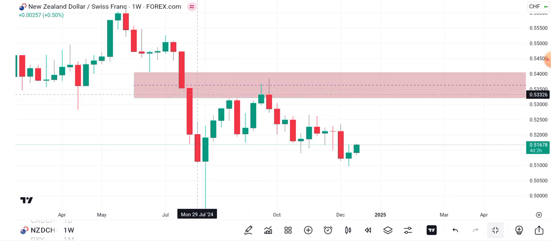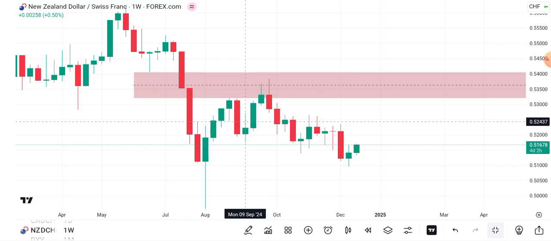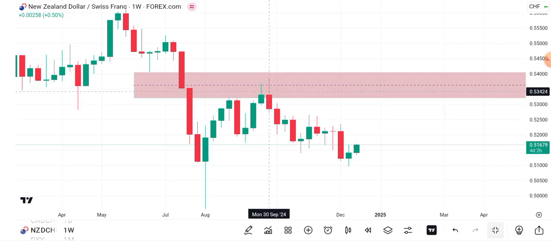This imbalance took so many weeks. So just in case you saw this imbalance, you would have to wait for weeks for this trade idea to come to fruition, as the case may be. So price traded up into the fair value gap.